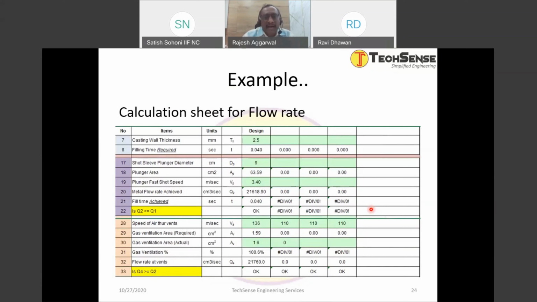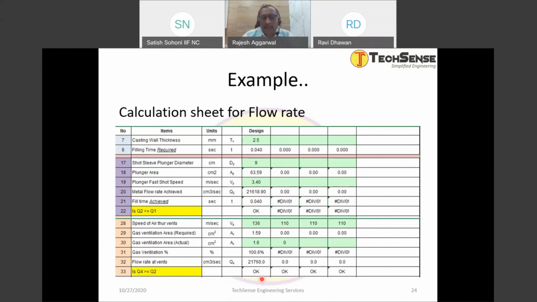If I am increasing the plunger speed, that is the phase 2 speed, my flow rate will increase, meaning Q2 will increase. Since Q2 is increasing and it is more than Q1, it is always okay, no issue. But as Q2 increases, your Q4 also needs to increase.